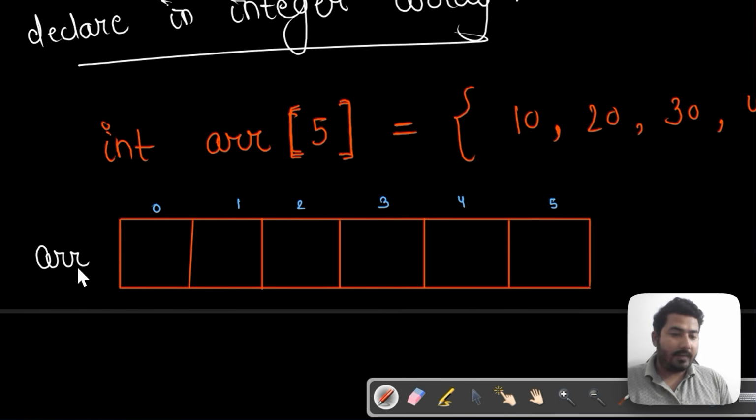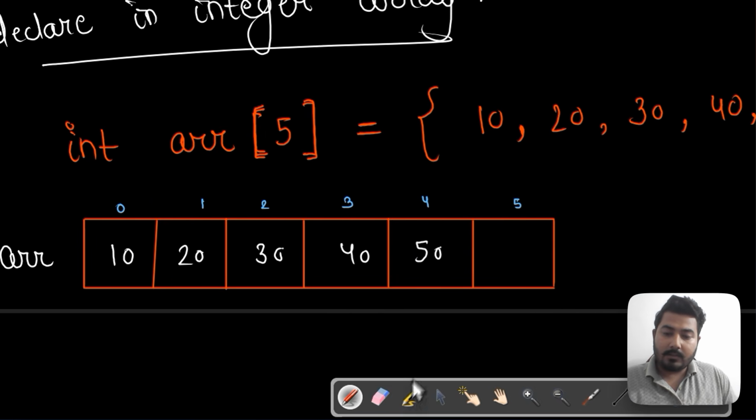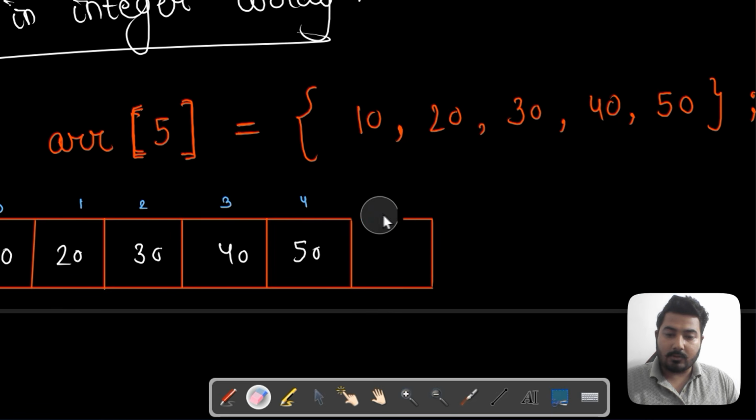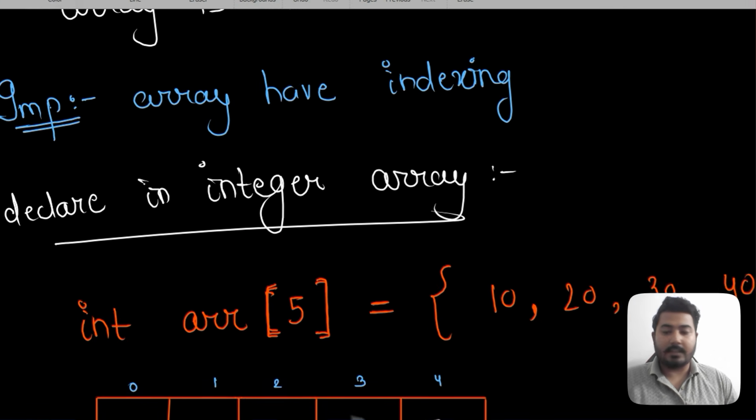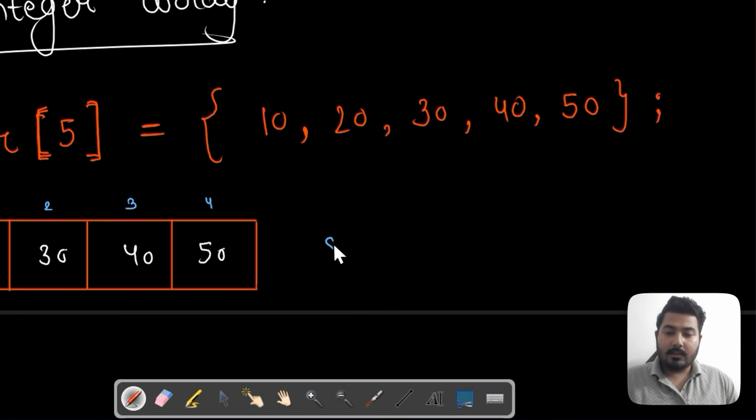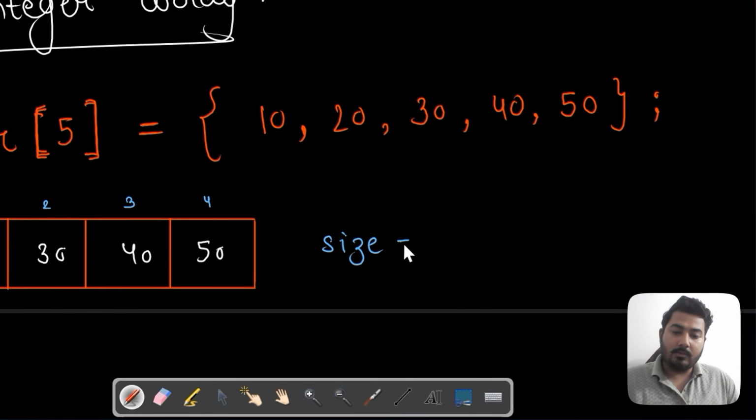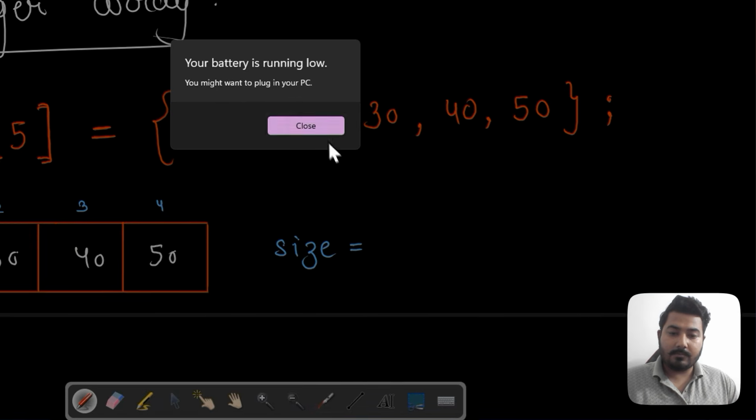This is an array of integer type, named ARR, and its values inside it would be 10, 20, 30, 40, 50. This is also not right, so yeah, now it is of correct size. Its size is equal to 5.